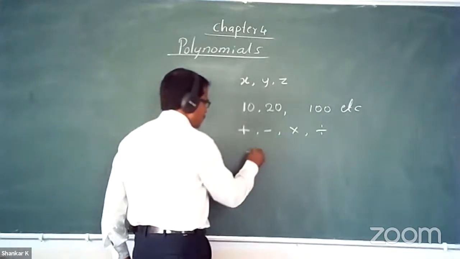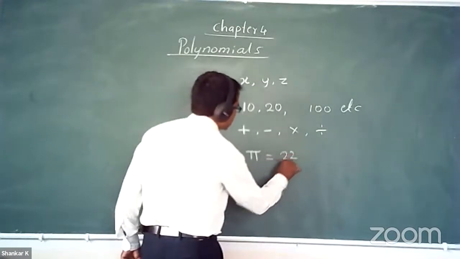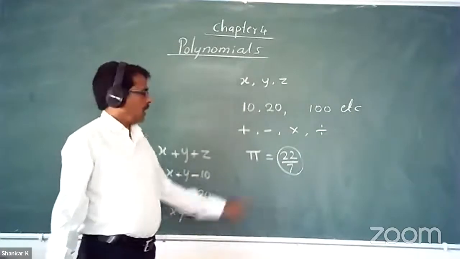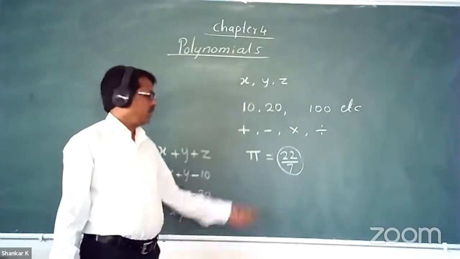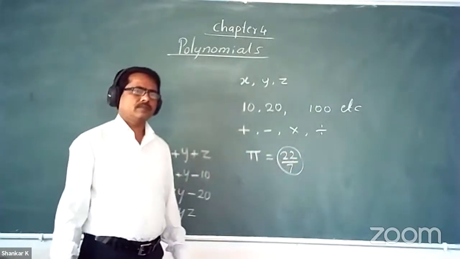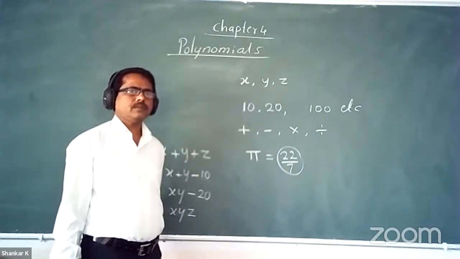In mathematics we use pi, whose value is 22 by 7. In all problems, today, tomorrow, any day, we take the same value. Its value is constant; it never changes. Whose value never changes is called a constant.